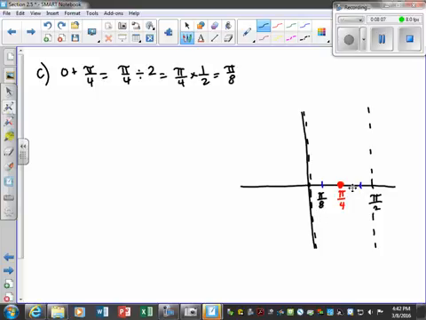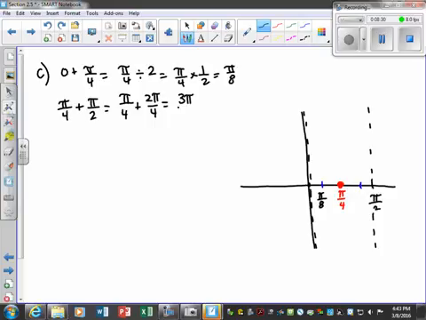Between pi fourths and pi halves, where the last ones were easy, this one takes a little more algebra. To get a common denominator, leave this one pi fourths and make this one have a common denominator of 4.